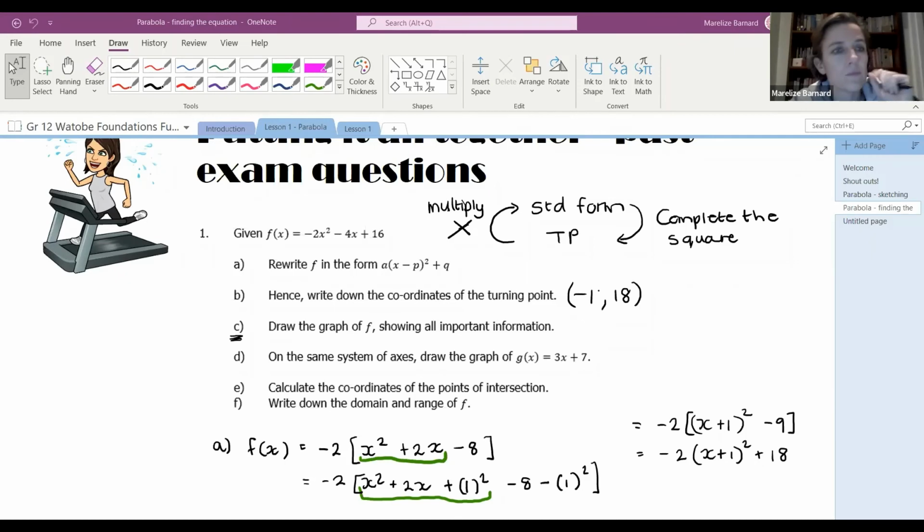Miss Barnard, Riva is asking, where did the 18 come from? Oh, I did just answer it. I said the 18 came from multiplying the -2 with the -9.